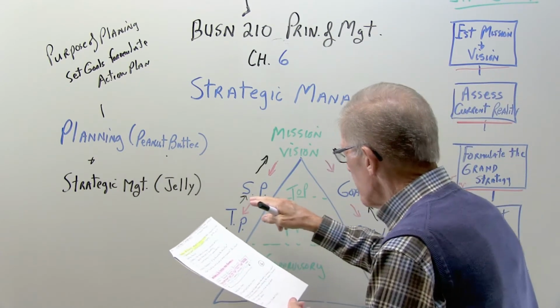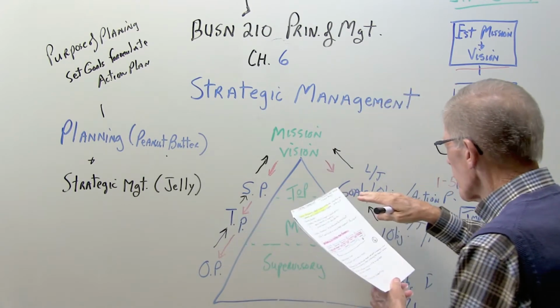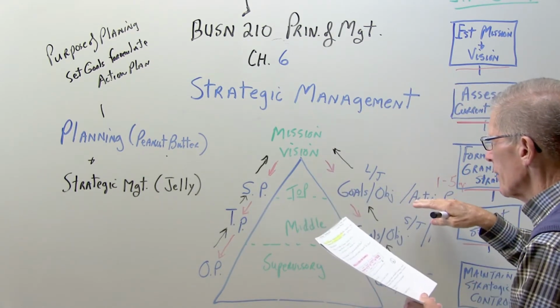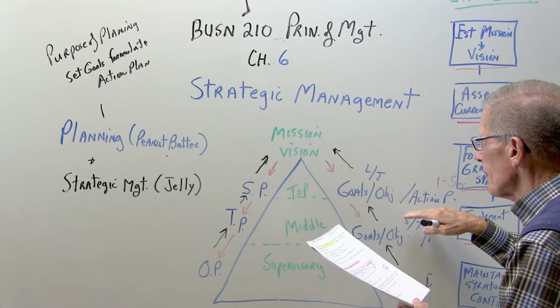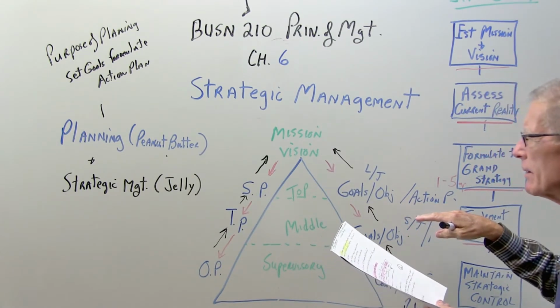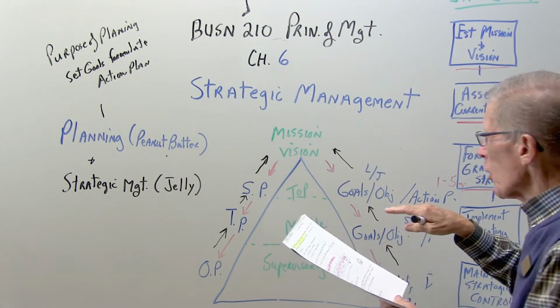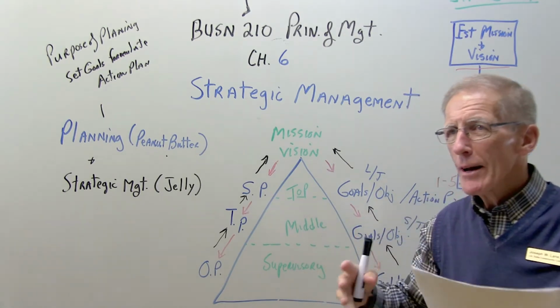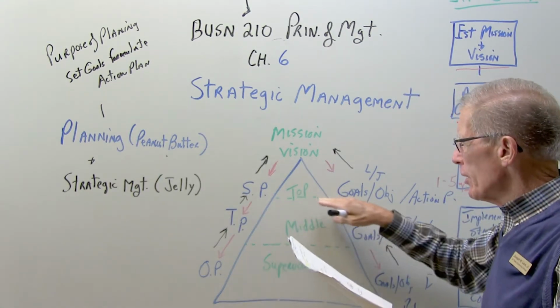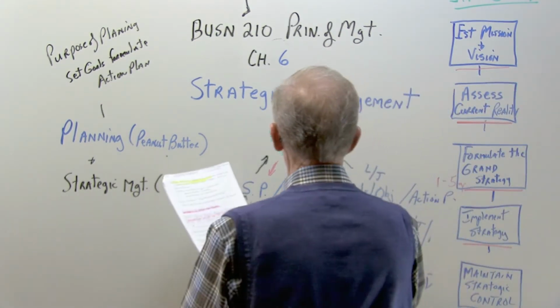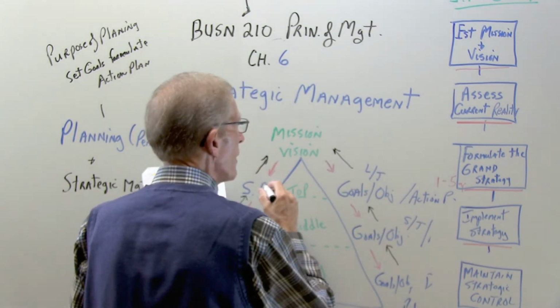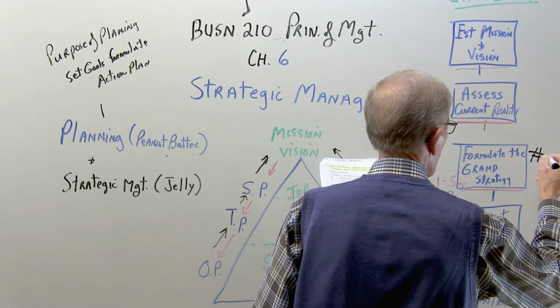Now we're doing strategic planning. This is long-term planning and this sort of thing. But it seems to me that you need to have determined your grand strategy before you can do this. So I would put it here. I would put formulate, this is step number 3.